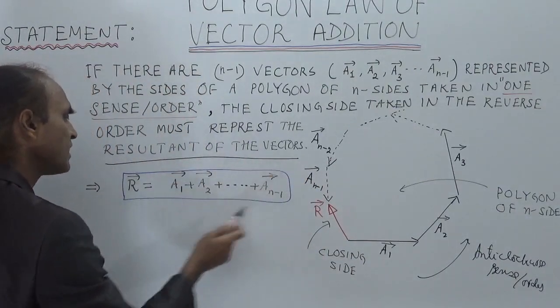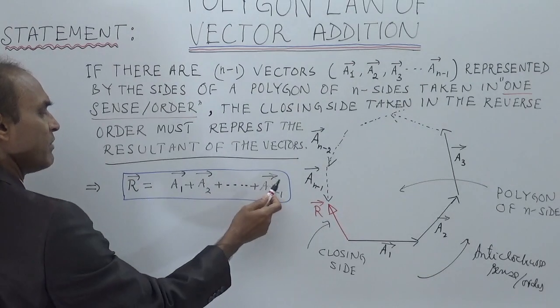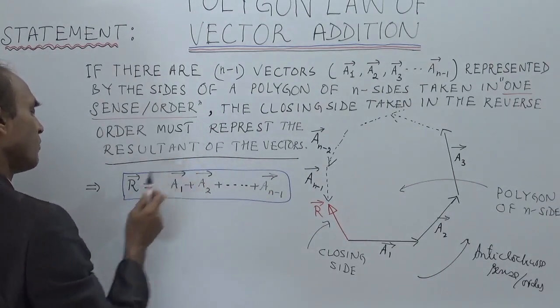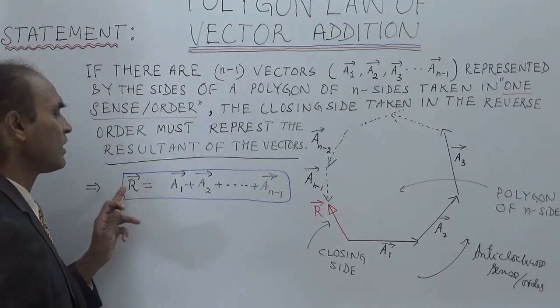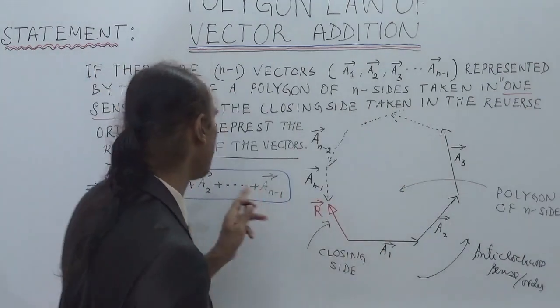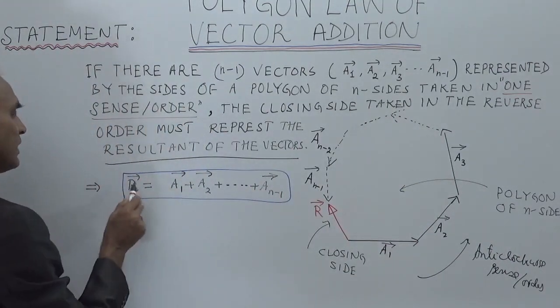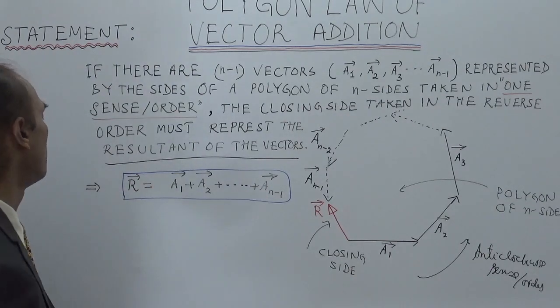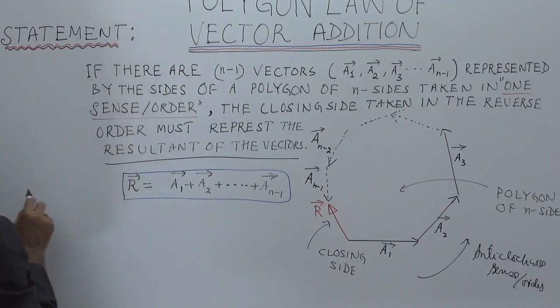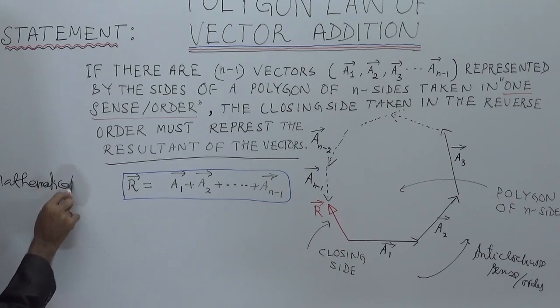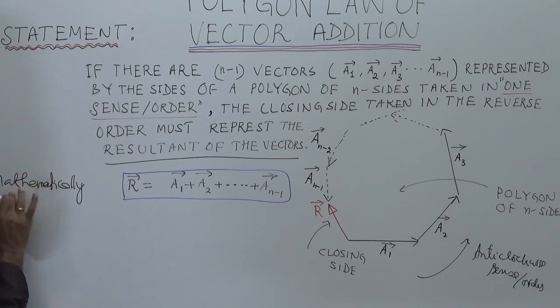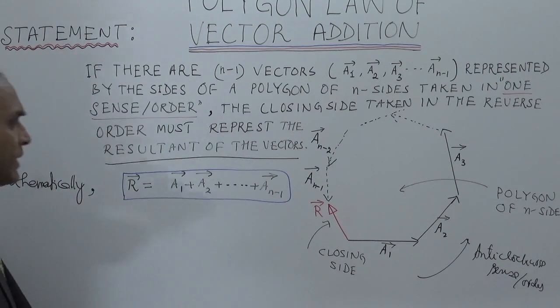So the vector sum of all these vectors from 1 up to n-1 is equal to the resultant R. This is the vector addition or the summation or the resultant or the net effect of all these vectors, equal to R. So this is the mathematical statement. So we can write mathematically in this way.